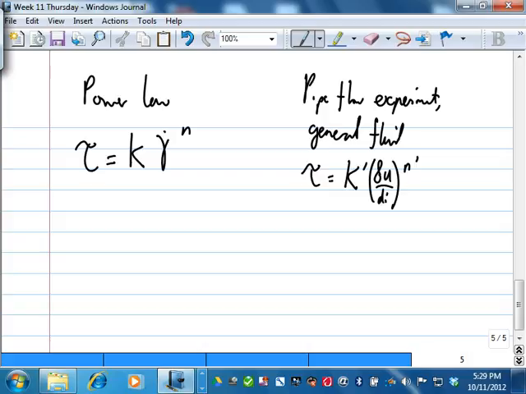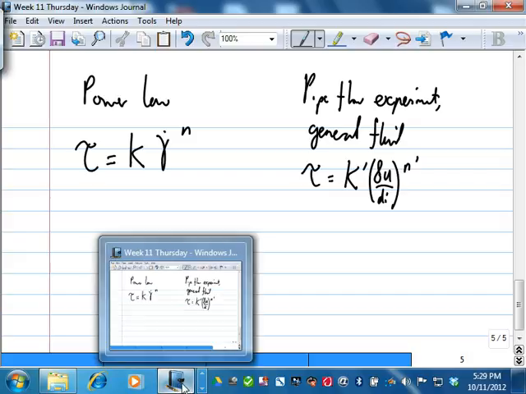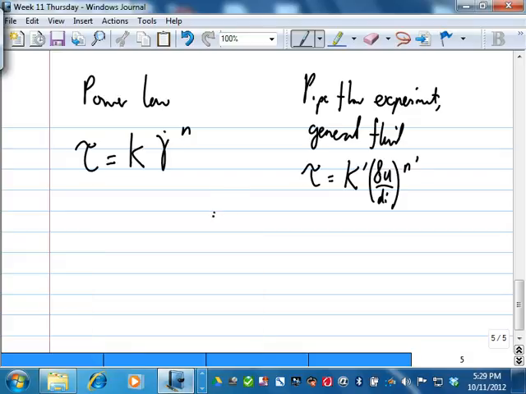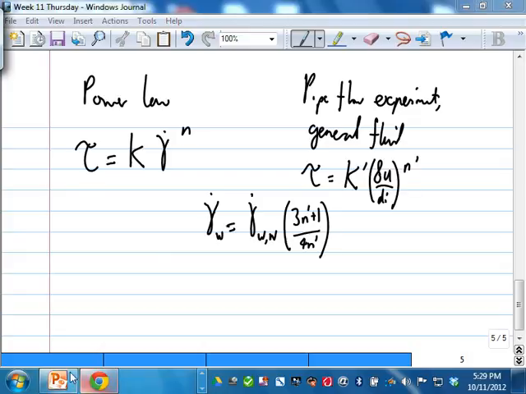Alright, how they're related. First of all, remember yesterday, Tuesday, I talked about that funny long equation. Basically, from the pipe flow experiment, we were able to determine that the shear rate at the wall is equal to the shear rate at the wall for a Newtonian fluid times 3n prime plus 1 over 4n prime. This is called the Mooney equation or something.